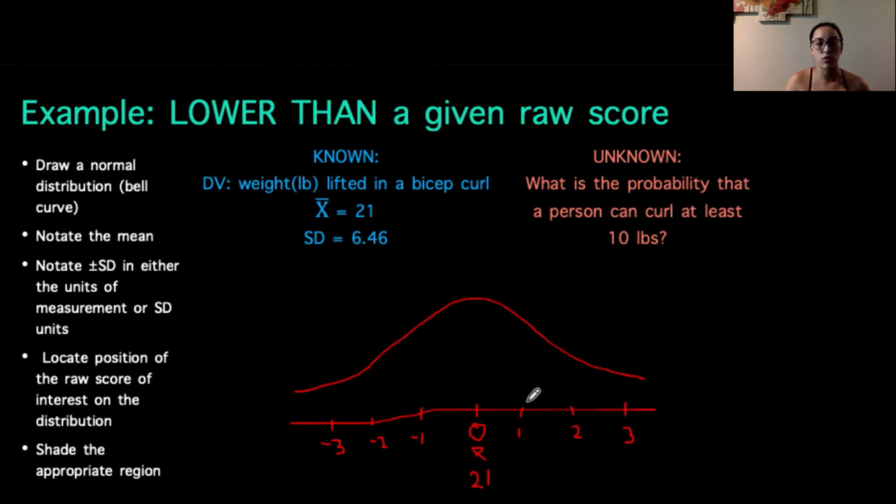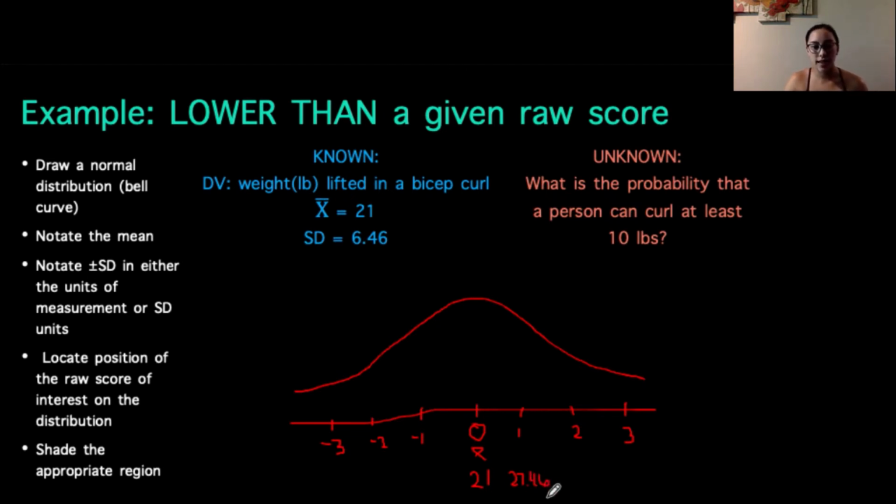This is totally fine. Or, alternatively, you can take your handy-dandy calculator and you can say 21 plus my standard deviation of 6.46. So 21 plus 6.46 gives us 27.46, and then you would write 27.46.